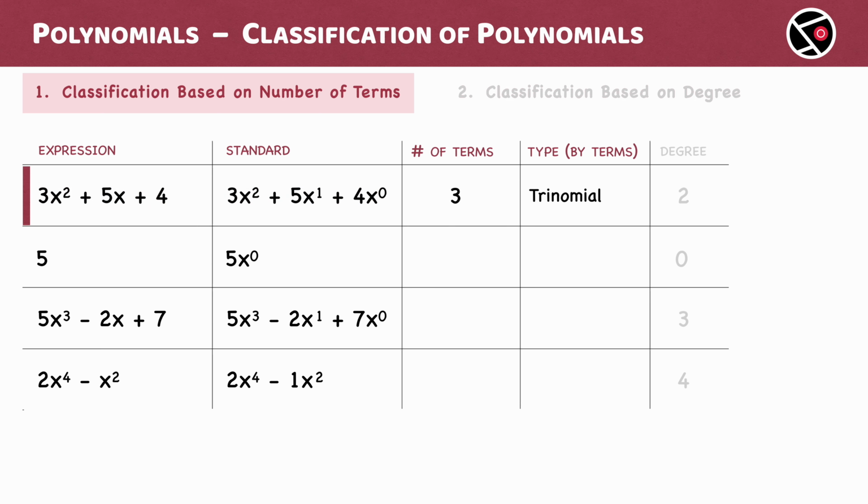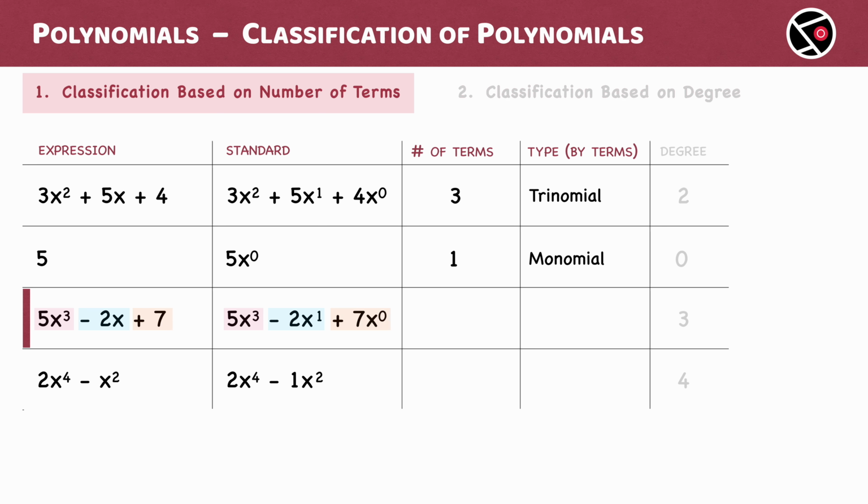Now look at the next expression. This expression has only one term, 5. A polynomial with one term is called a monomial. Our next expression also has 3 terms, 5x cubed minus 2x and plus 7.